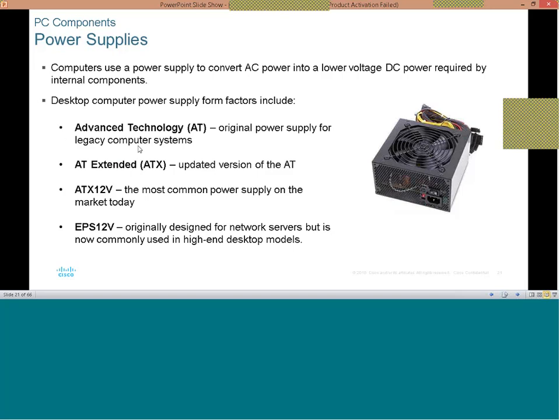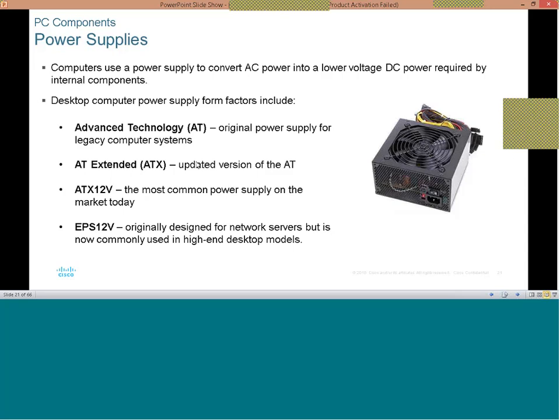The desktop computer power supply form factors include, like we talked about the form factor, different power supply form factors. We have what we call the advanced technology, which is the AT, the original power supply for legacy computer systems. We're talking about previous computer systems that were driven by the advanced technology AT power system.